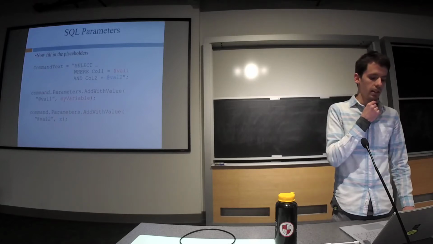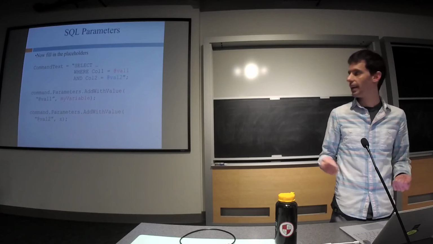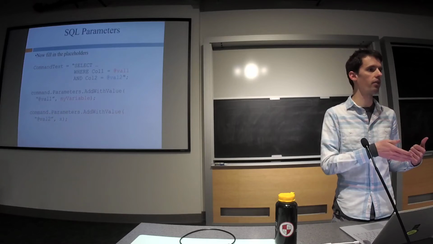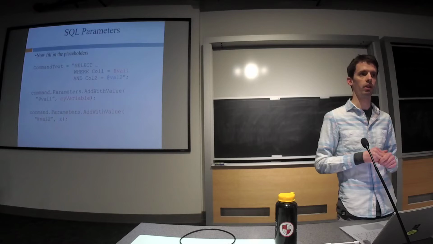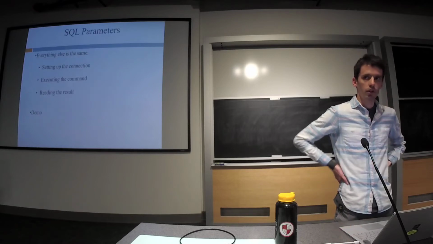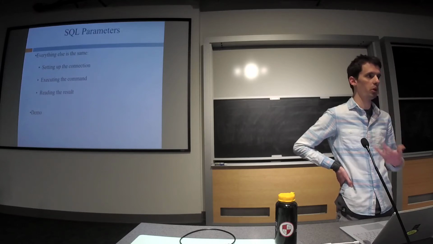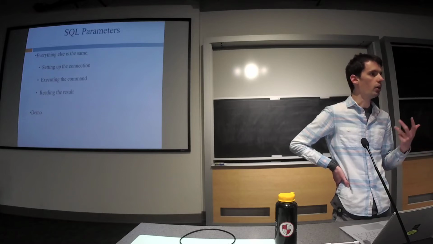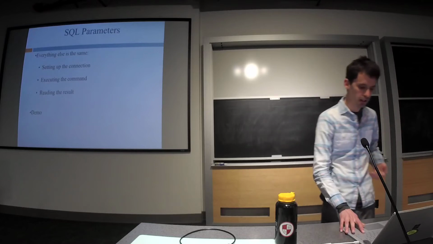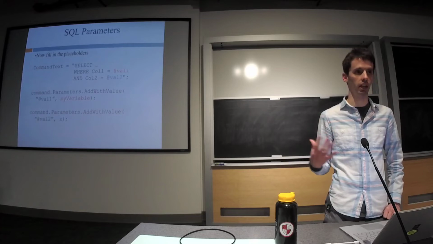Then the system automatically sanitizes it and only treats it as a variable that will never be able to close off a quote that came from the original command. Okay, so everything else is basically the same. You make the connection string the same way. You execute non-query. You read the result with a reader, everything like that. The only difference is this. So it's a pretty minimal change, and then SQL injections are fixed.